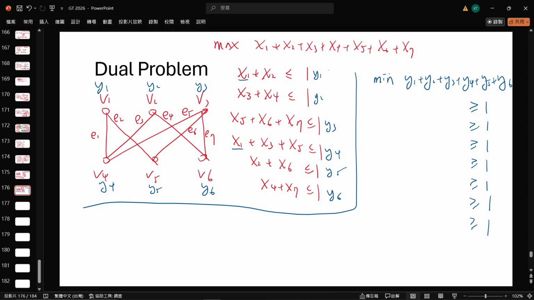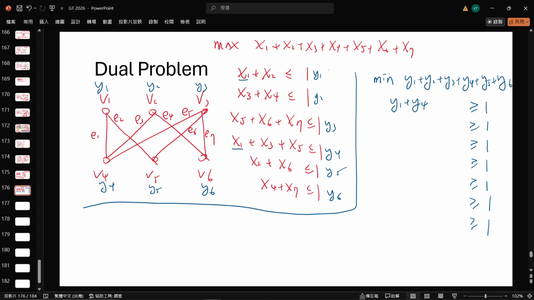It's just y1 plus y4. And observe that this is the first constraint, and it happens to be the two endpoints of the first edge, E1.